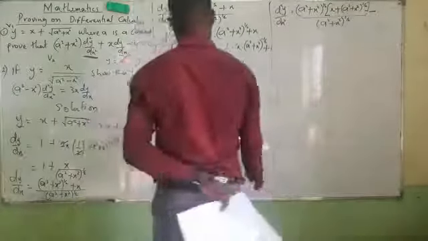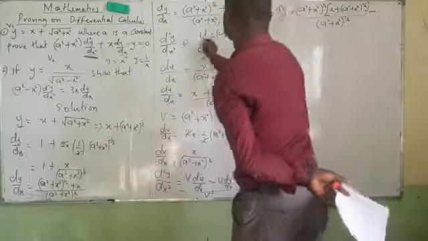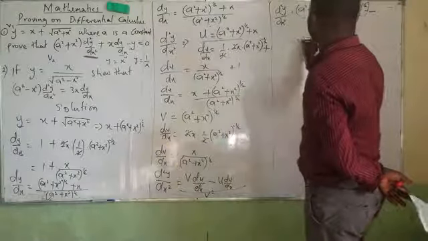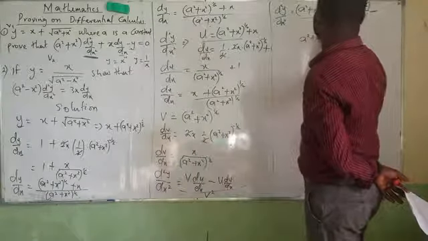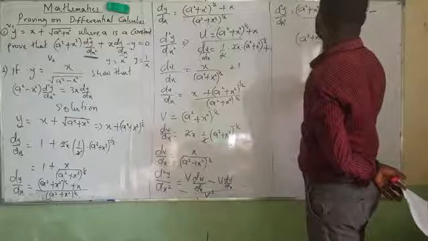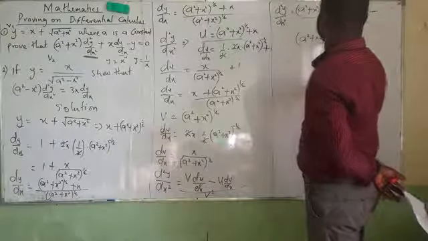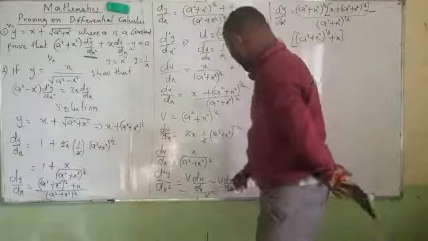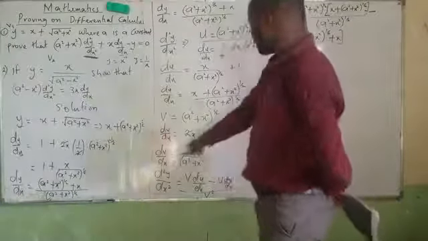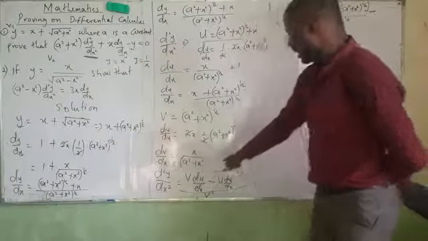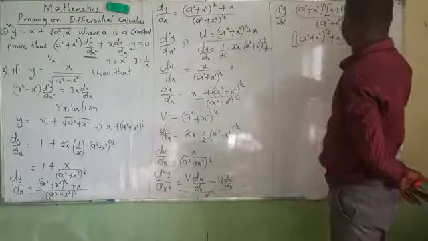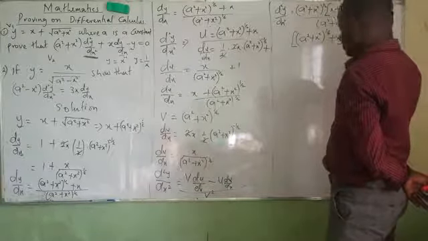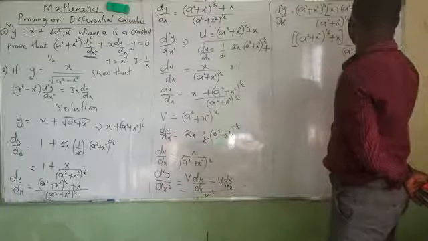What is my u? This is my u: the square root of a squared plus x squared, plus x. That is my u. What is my dv? My dv is given as dx, x divided by a squared plus x squared to the power of 1 over 2.